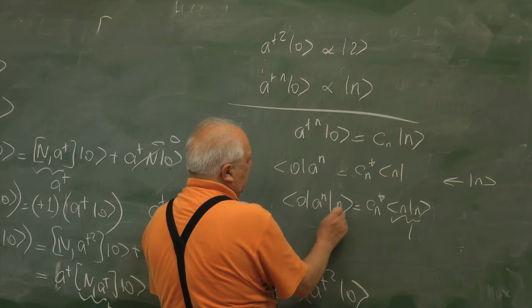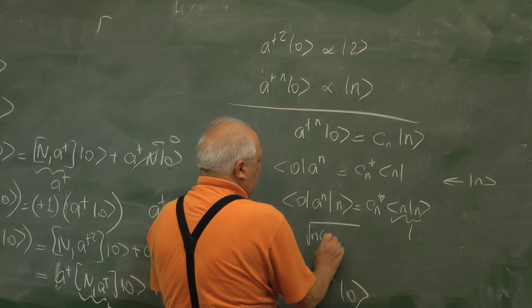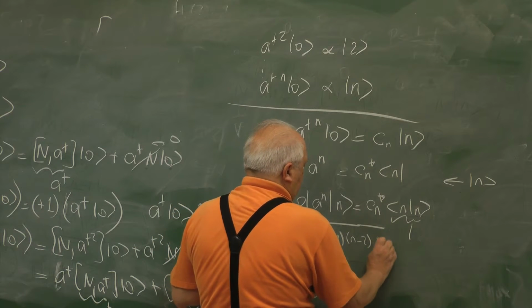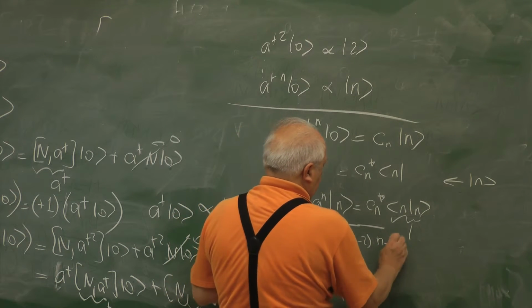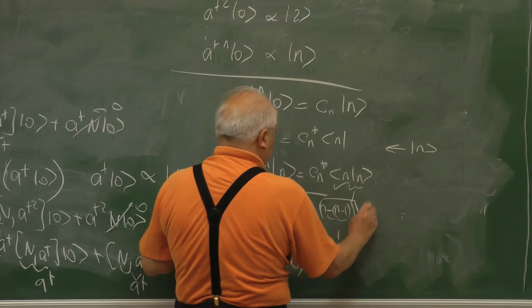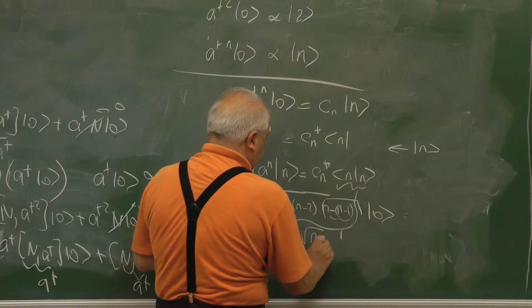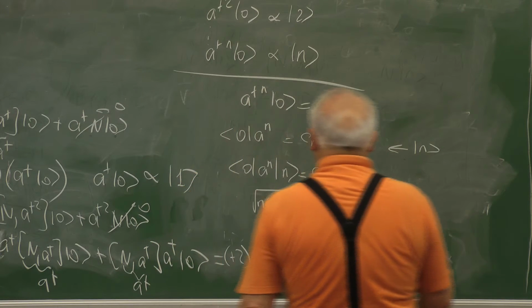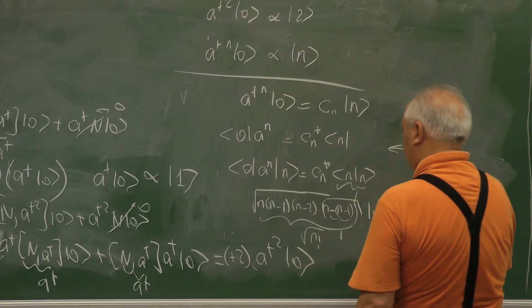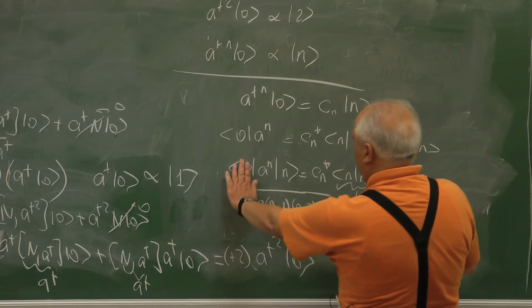Okay, so it was bringing n minus 1, n minus 2, n minus 1, which is just 1, times 0. So this is just root n factorial. This is an 0.